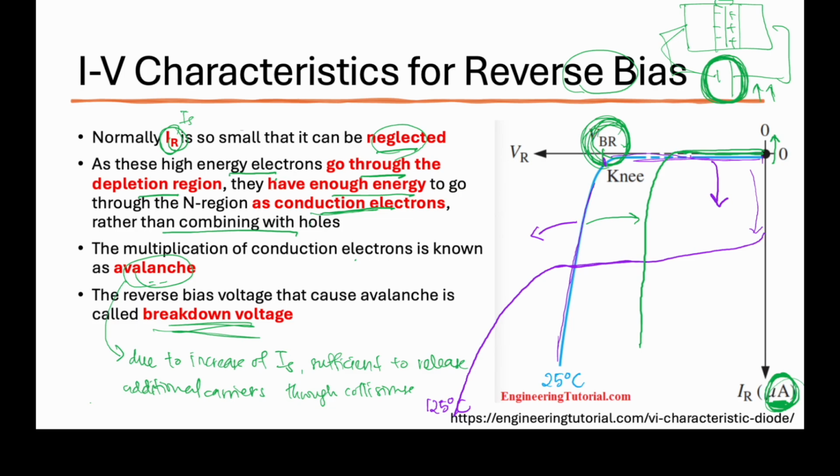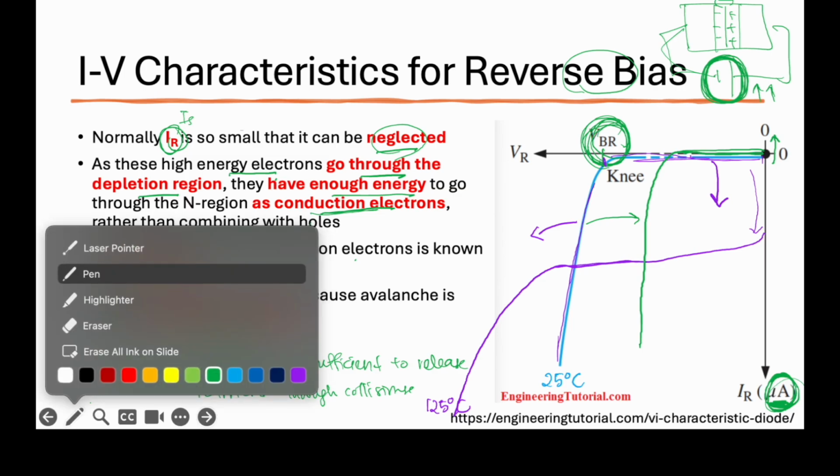So in reverse bias, usually the saturation current of a silicon diode doubles for every 10 degrees rise in temperature. Let's write this.